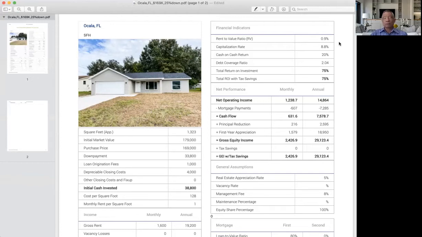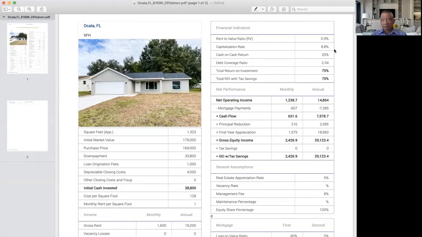Please challenge me if you can find any other new construction for this square footage, for this kind of A minus asset class location, renting for 1,500. Let me know, because I have not found it anywhere else in the country. The rent to value ratio is way above the benchmark for new construction homes.